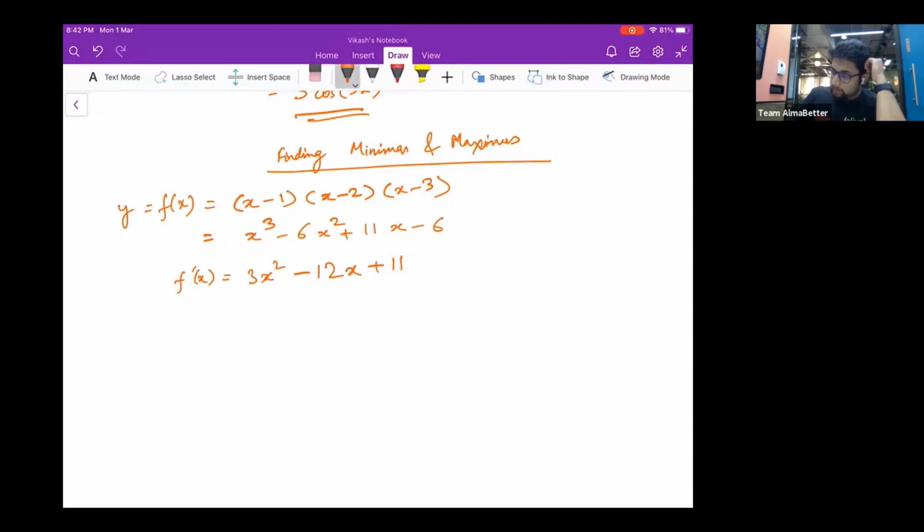So the next step is you equate it to 0 to find out which are those points wherein the curve flattens out, right? So you'll set f dash x equal to 0. This will give you some values of x for which the curve flattens out. Can you give me the values of x?